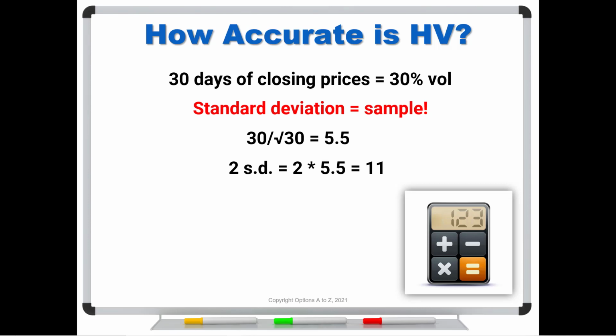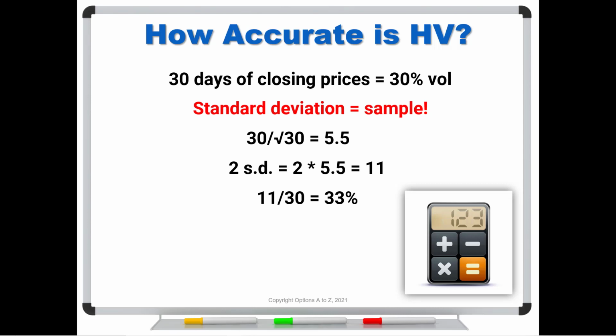But now here's the kicker. How big is 11 compared to a volatility of 30? It's about a third. So think about that. Yes, if you're using a 30% volatility, but it was calculated over the past 30 days, you could be plus or minus 33%.